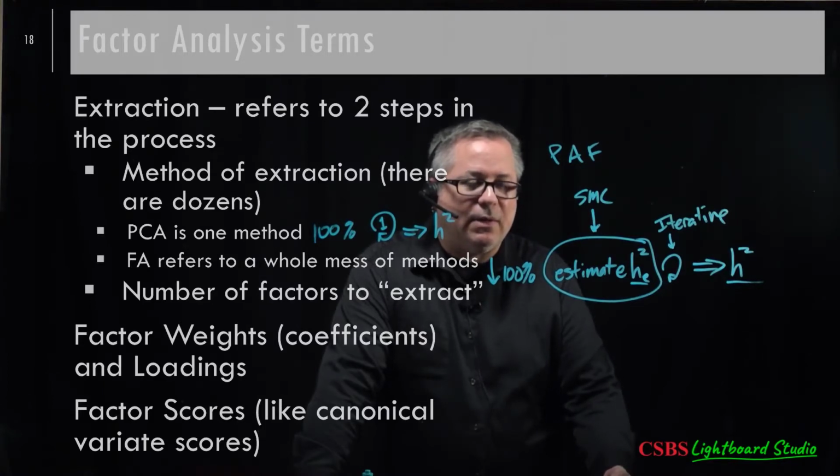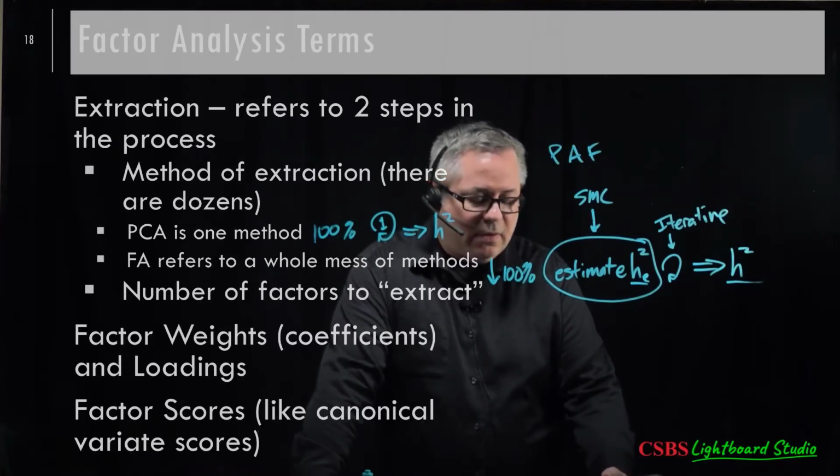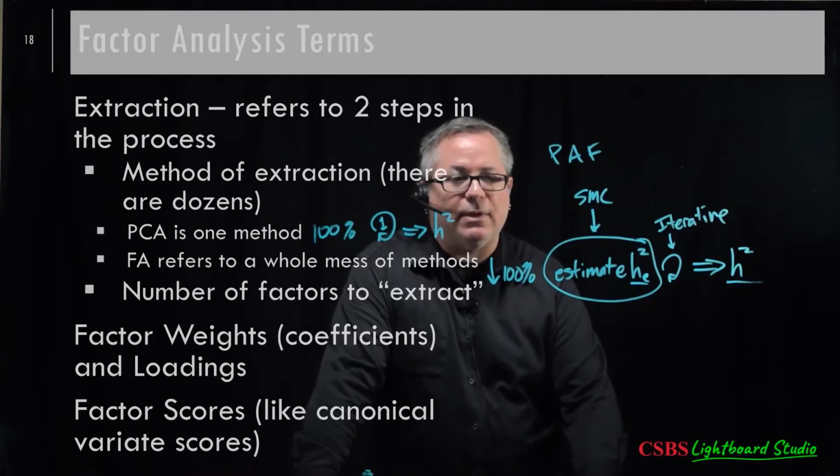You're literally assuming to start off that 100% of the item shares variance with other items, which is never going to happen. And then it spits out to you what the communalities are from that. I think every time someone uses a principal components analysis, they end up overestimating the loadings, overestimating the number of factors, overestimating everything.